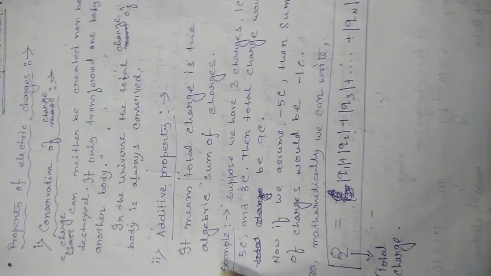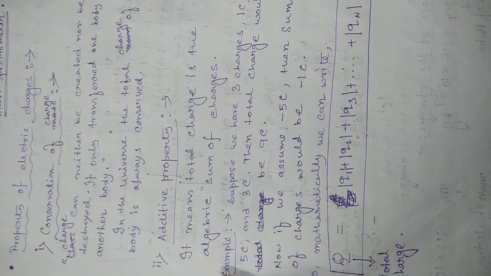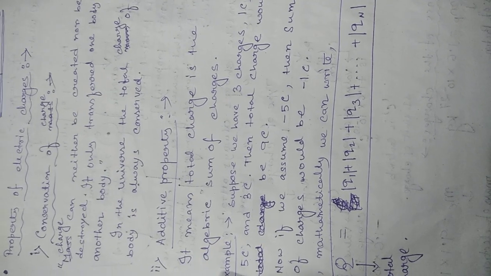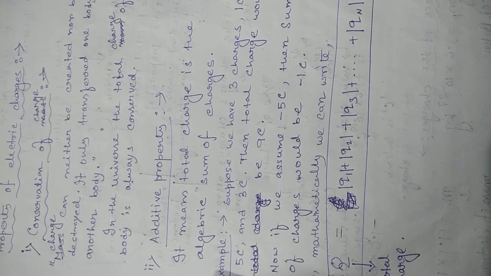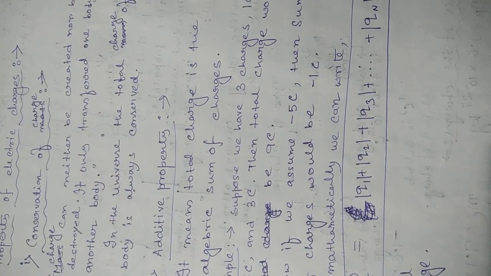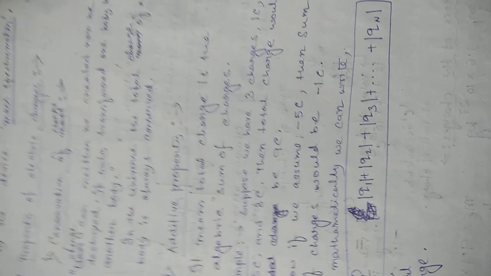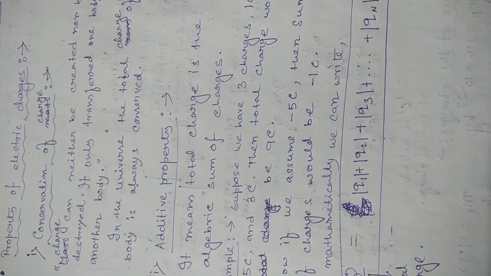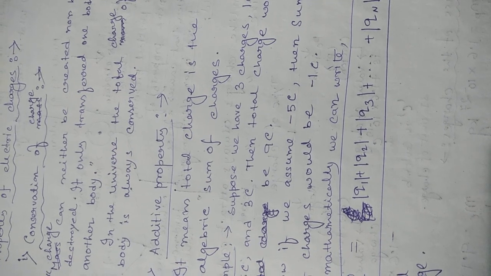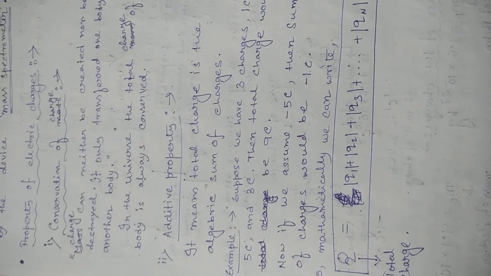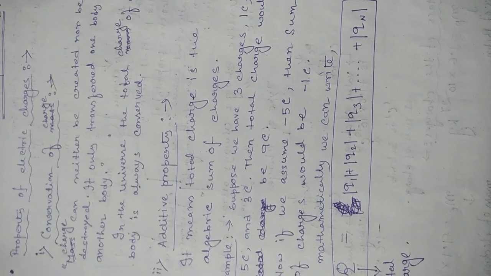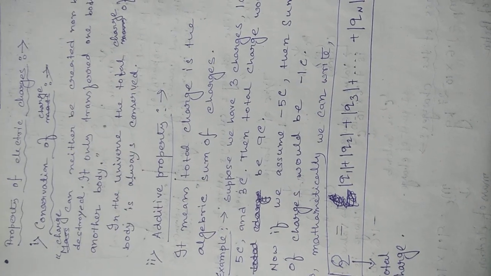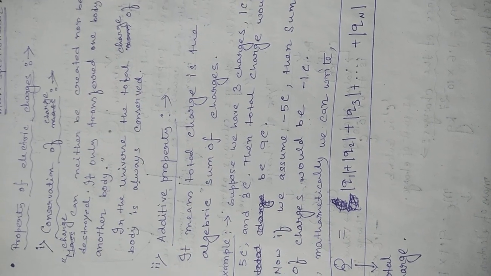The second property is the additive property. Additive means addition. Suppose we take a system which contains lots of electric charges. For our example, we consider three charges: 1 coulomb, 5 coulomb and 3 coulomb. So the total charge of that system is 9 coulomb. If we assume in place of 5 coulomb it is minus 5, then the total charge of that system is minus 1 coulomb.